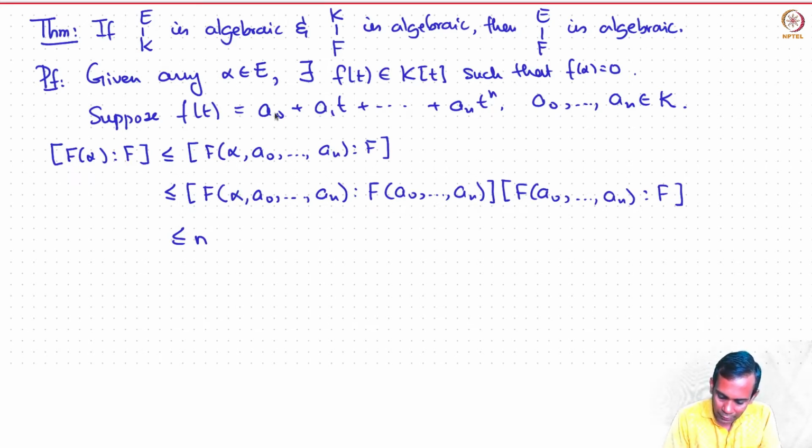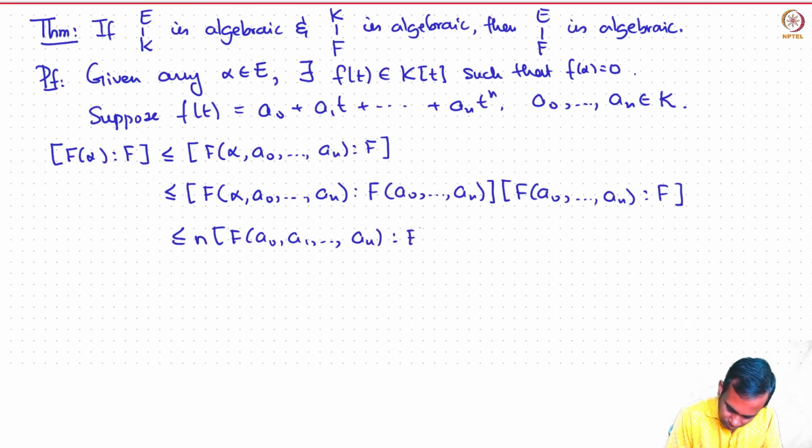This polynomial f(t) has coefficients in F a0 ... an, so this fits into a tower of finite degree extensions.